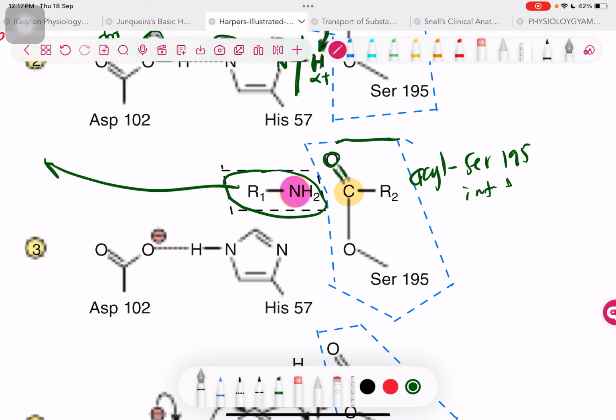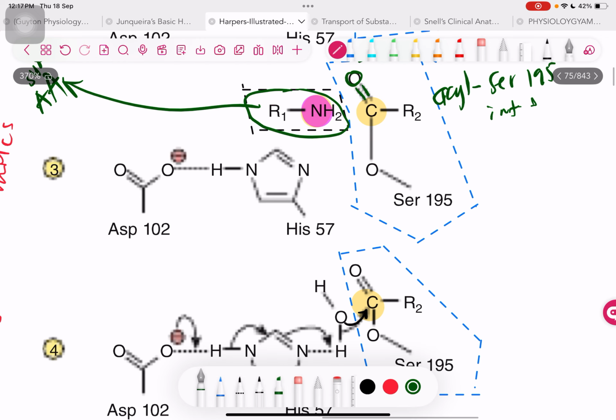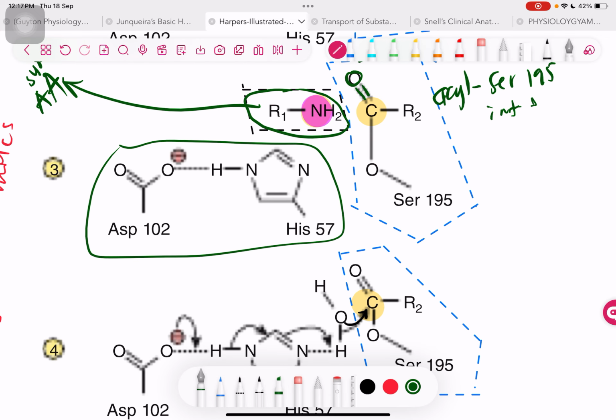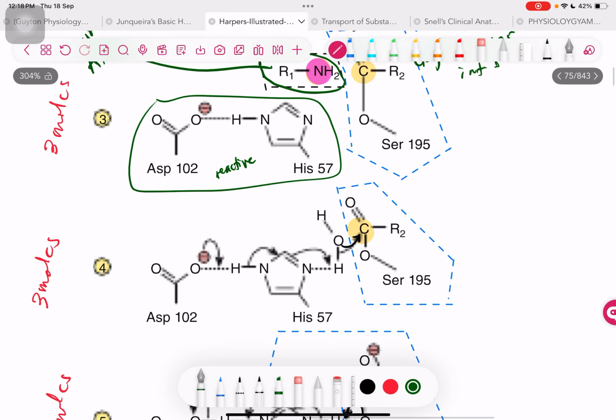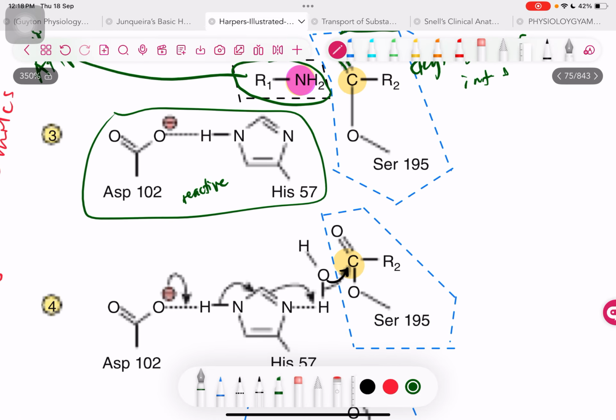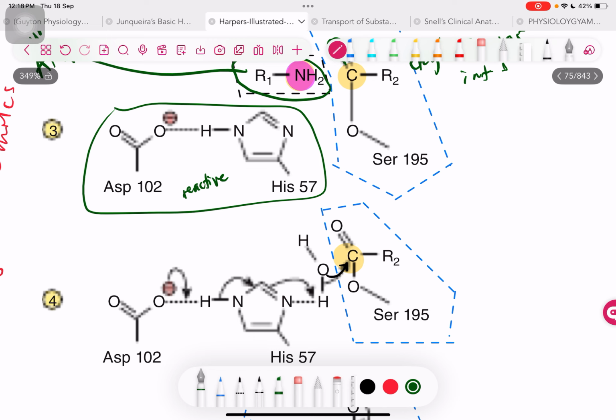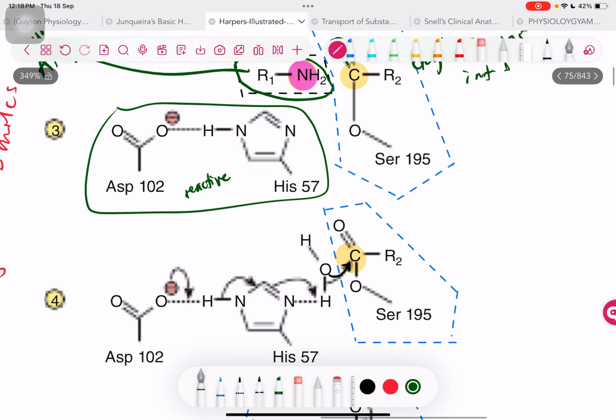This will go to our system to be reused as an amino acid. And we have our chymotrypsin, but it is still very reactive, activated, because the serine is not yet restored.